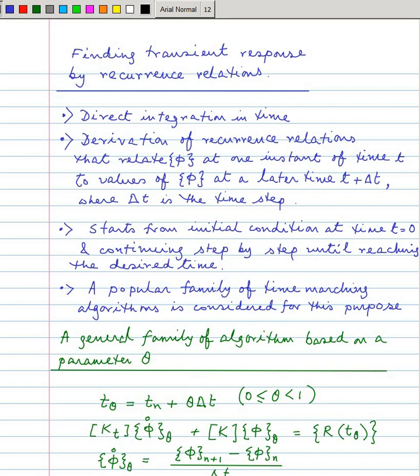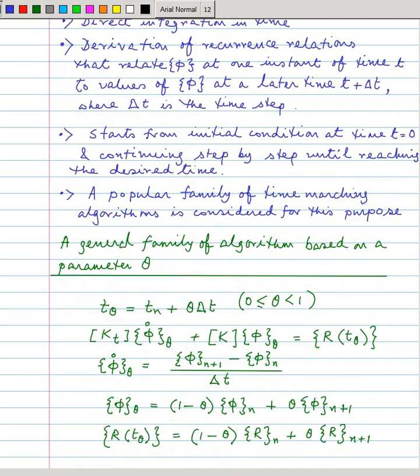Now these recurrence relations, this direct integration or finite difference schemes, start from an initial condition at time t equal to 0, and then step by step they march out until they reach the final desired time of your interest.